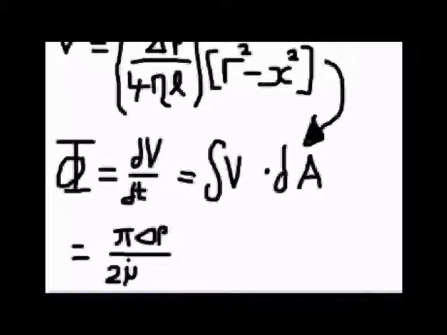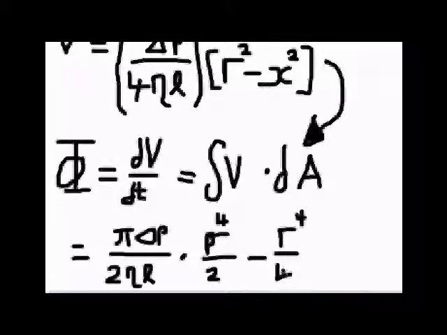Dynamic viscosity constant multiplied by L, and then this multiplies by r to the 4 over 2 minus r to the 4 over 4, and these simplify down to r to the 4 over 4.